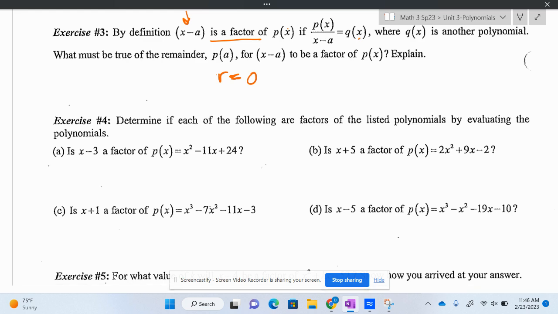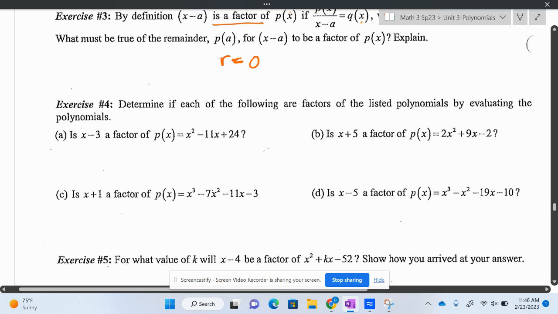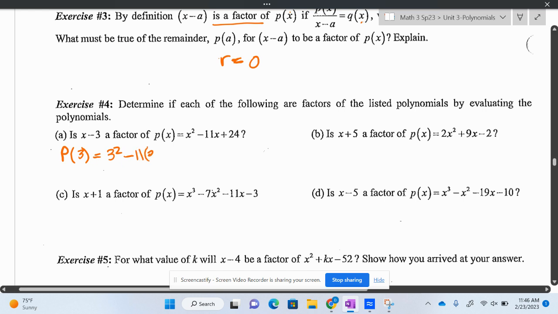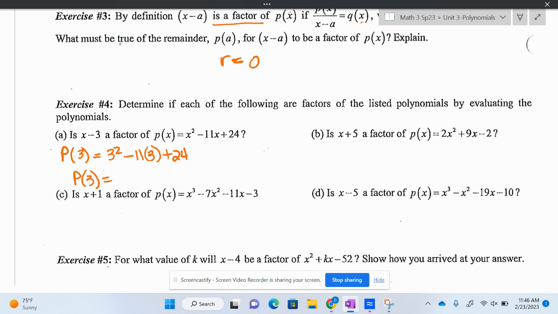So question A says, is x minus 3 a factor of the polynomial x squared minus 11x plus 24? So we're going to evaluate it at p of what? 3. So that equals 3 squared minus 11 times 3 plus 24. So let's see, we get 9 minus 33 plus 24, which equals what?